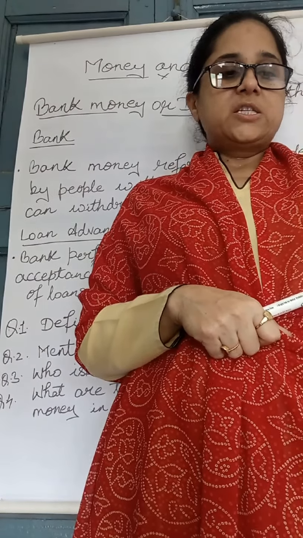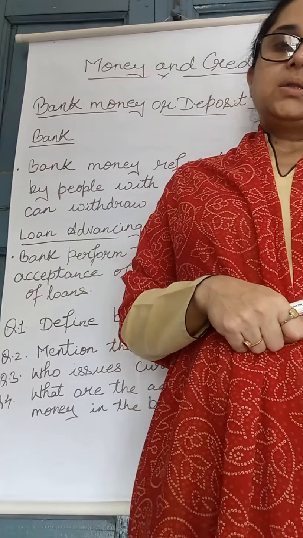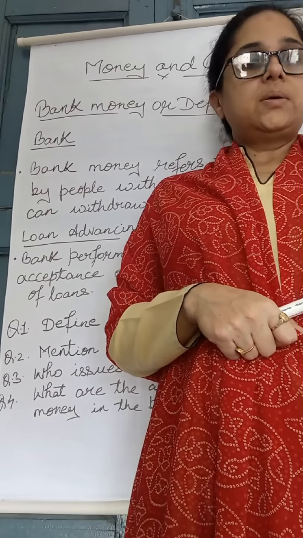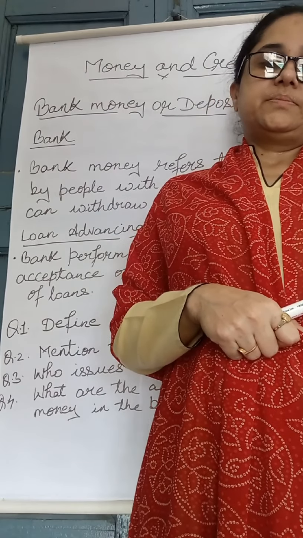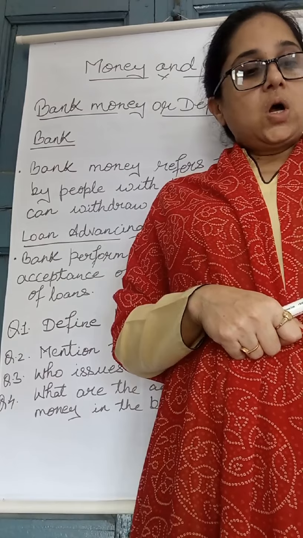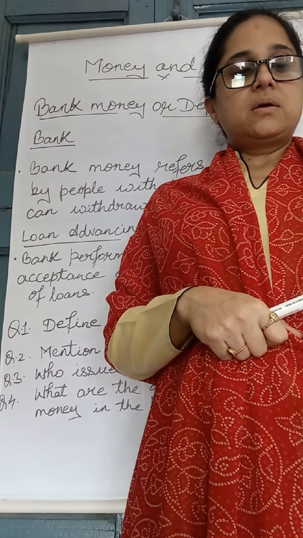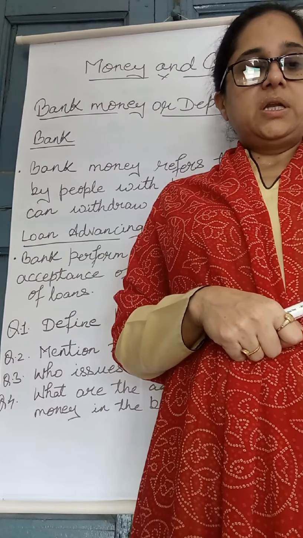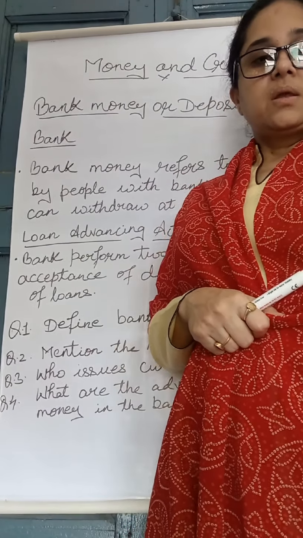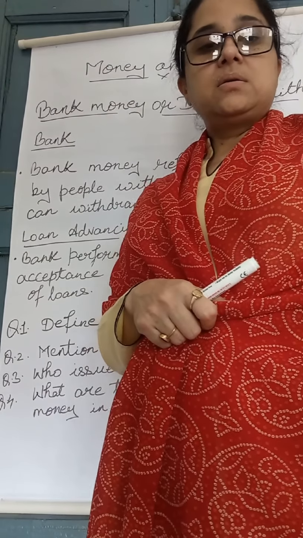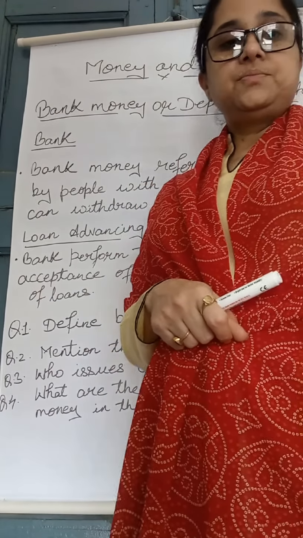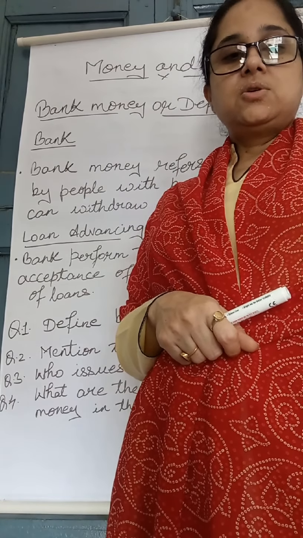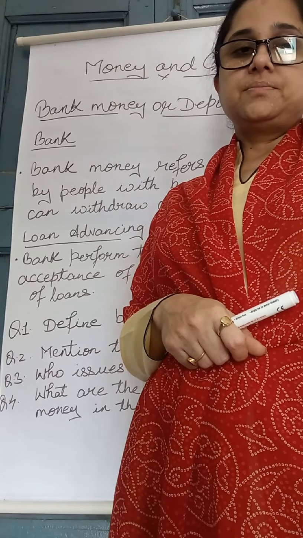Banks know from their experience that all the depositors do not demand all the money at the same time. If all the depositors of a bank come on a particular day and ask for their money at the same time, the bank will be in trouble and not able to make payment to its depositors.